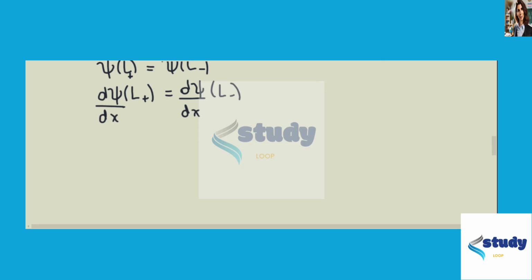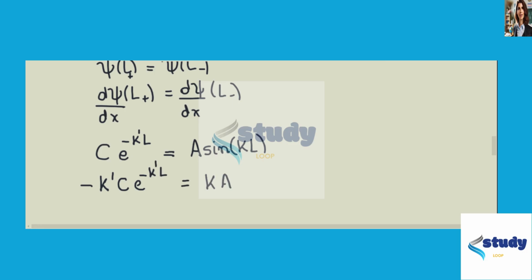So the wave function for L plus is equal to c times e to the minus k prime times x, where x in this case is L. And phi of L minus is a times the sine of kL. The derivative is minus k prime c e to the minus k prime L, and this is equal to k a times cosine of kL.